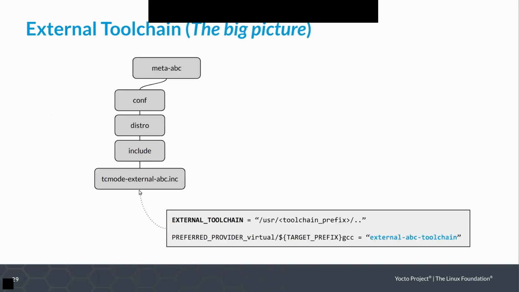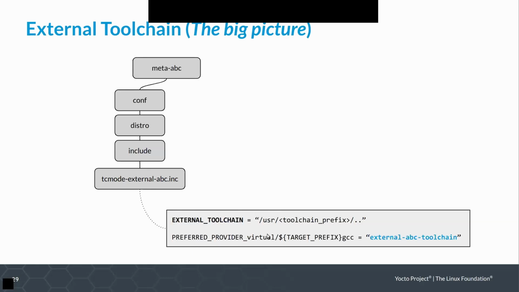So the big picture of external toolchain. You have your layer that has conf/distro/include/tc-mode-external, for example external-abc. In this configuration file, we set an external toolchain variable that points to our native path, and we set the preferred provider.